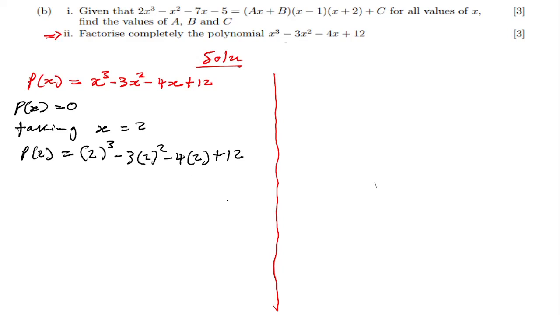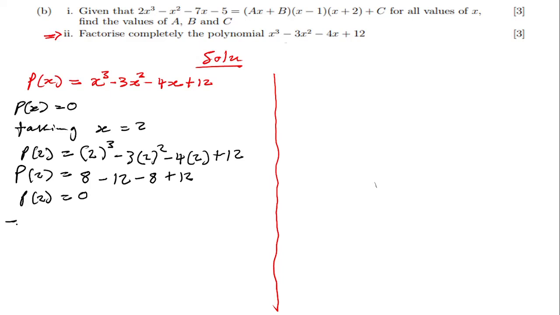If I work out p of 2, 2 to the power 3 is simply 8, minus 2 to the power 2, which is 4, times 3, which is simply 12. Then minus 8 there and then plus 12. So p of 2 is simply equal to 0.